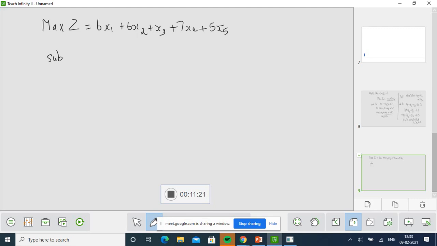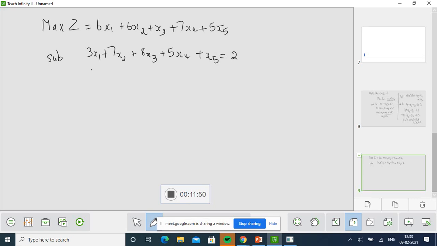Subject to the condition 3x1 plus 7x2 plus 8x3 plus 5x4 plus x5 equal to 2.